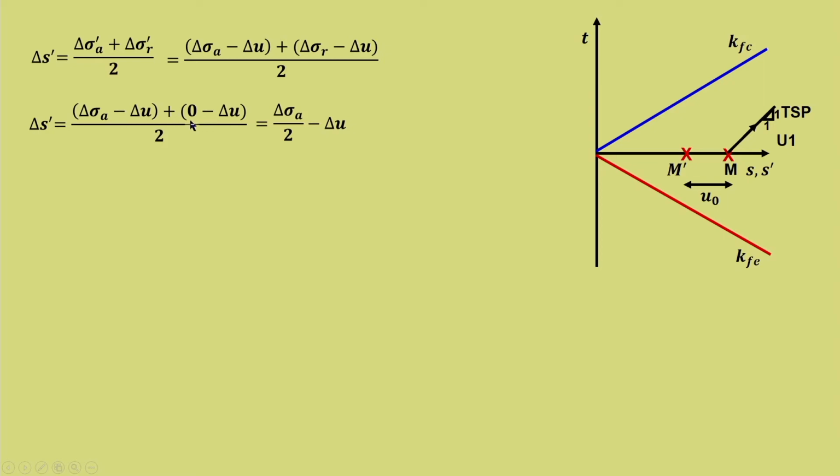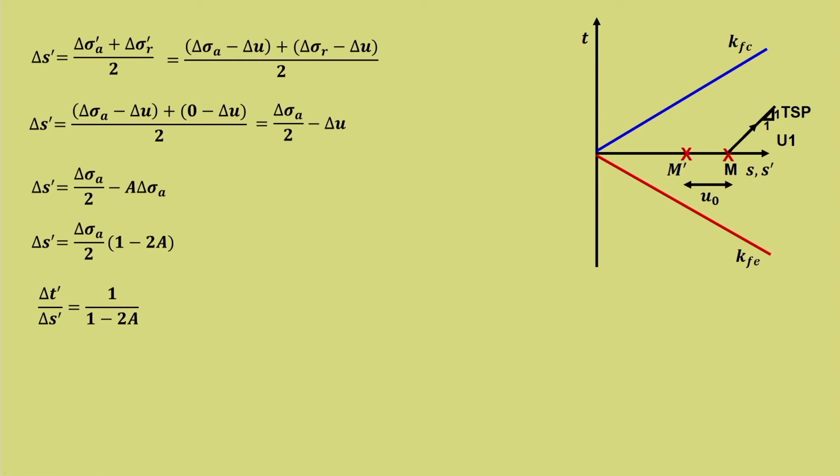So, it is minus 2 delta U by 2, that is minus delta U. So, delta S dash is equal to delta sigma A by 2 minus A into delta sigma A, because delta U is equal to A into delta sigma A, which we have already found out. Now, delta S dash is equal to delta sigma A by 2 into 1 minus 2A. So, rearranging this, delta T dash upon delta S dash is equal to 1 by 1 minus 2A.